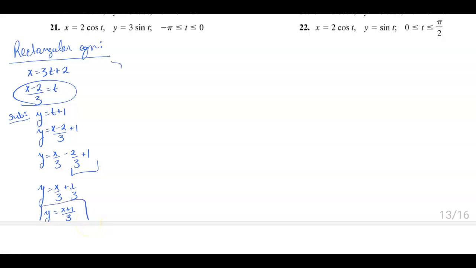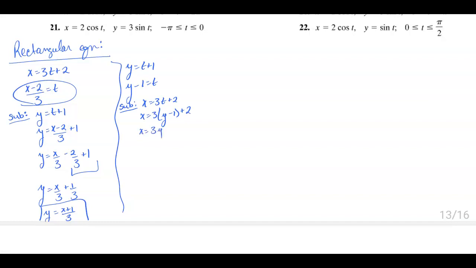Now, we could have done that the other way. We had y equals t plus 1. We could have solved this one for t and then made a substitution into the other equation, x equals 3t plus 2. So t is y minus 1. Substitute in.